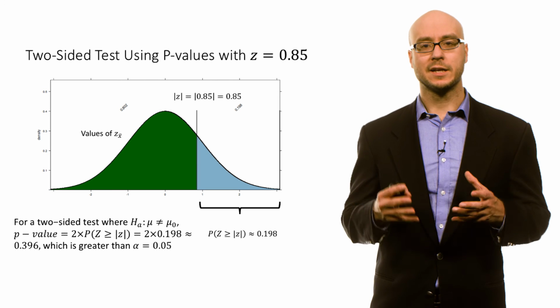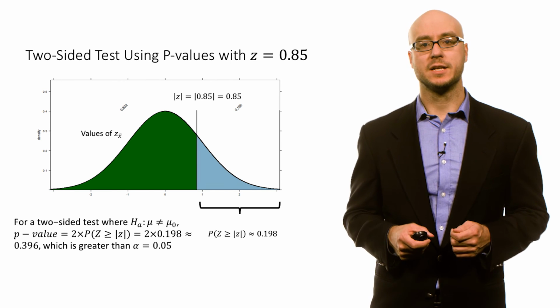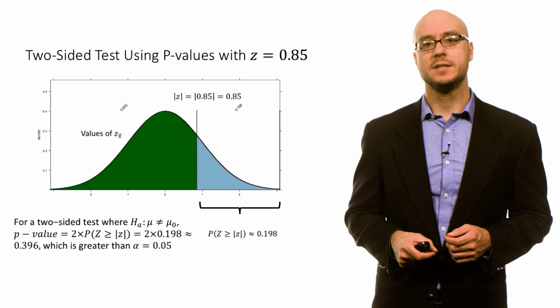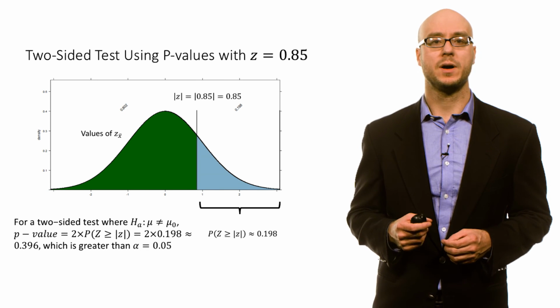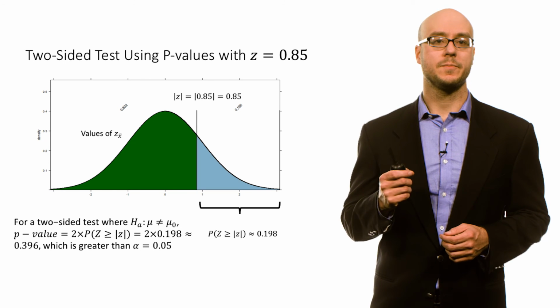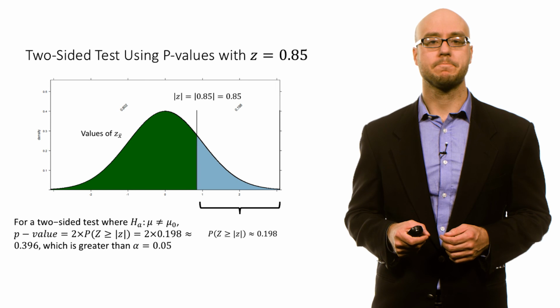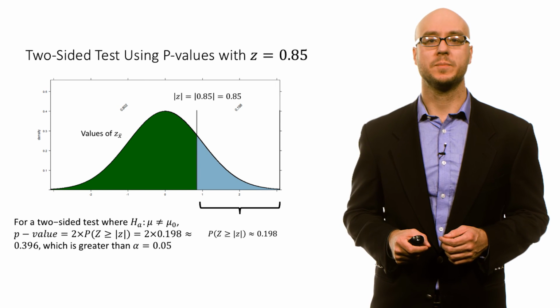And we can conduct a two-sided test using p-values. For a two-sided test in which the alternative is that the population mean does not equal the claimed value under the null hypothesis, the p-value, again, is just the probability of obtaining a test statistic greater than or equal to an absolute value of the one we obtained.